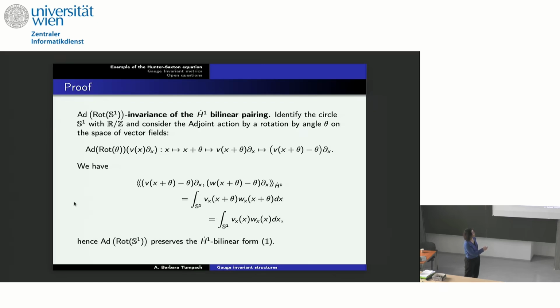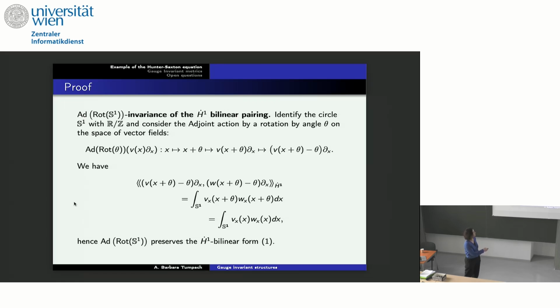And d over dx is the tangent vector field to the circle, if you prefer. We rotate first, we look at the value of the vector field there, and we come back by the inverse rotation, meaning that we subtract the angle. Okay? So this is the adjoint action of the rotation by an angle theta on the vector field v(x) d/dx.